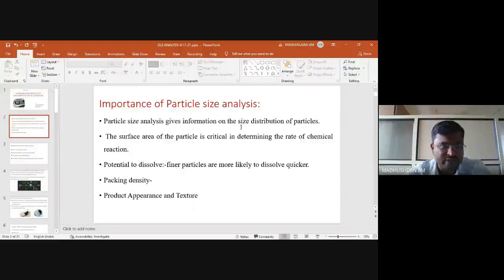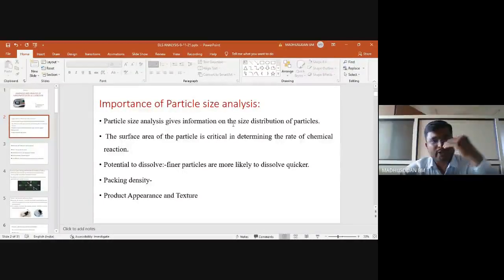For example, the surface area, the chemical reaction, the packing density, all such properties can be dependent on the particle size of a substance. So it is important to characterize the particles in a precise manner. It is a critical issue in such industries, as I mentioned earlier.